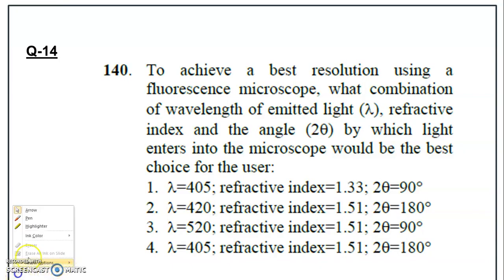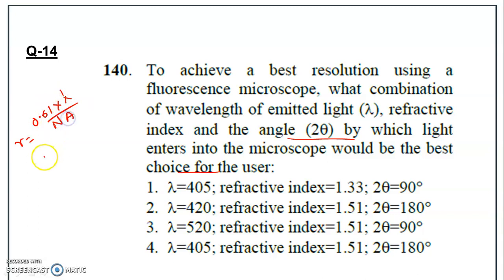To achieve the best resolution using a fluorescence microscope, which combination of wavelength of emitted light lambda, refractive index n and angle theta gives the best microscope resolution? Now we know the formula: limit of resolution r equals 0.61 lambda by NA, where numerical aperture NA equals n sine theta.